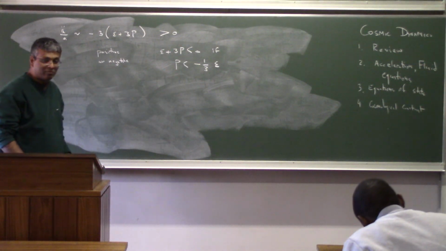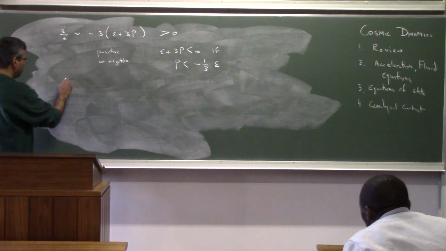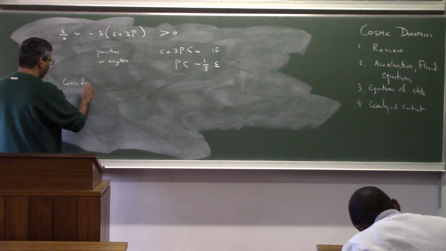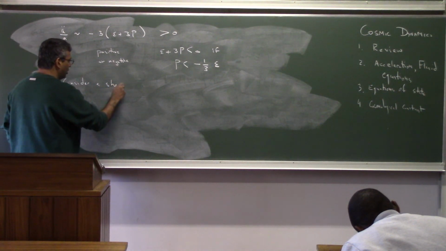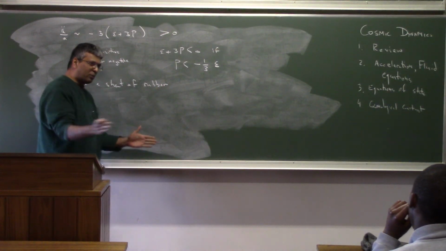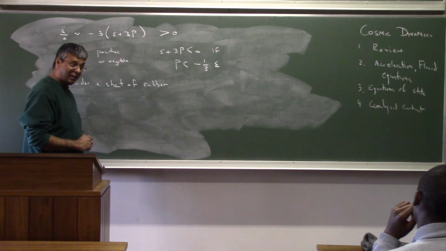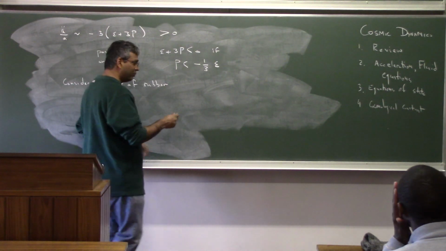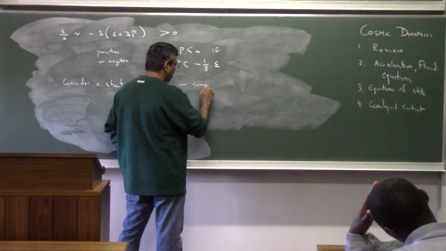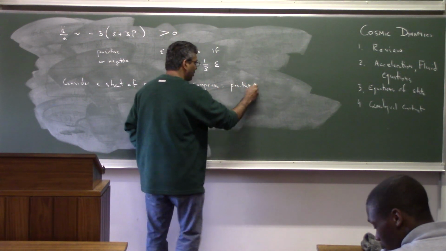So what is negative pressure? If you consider a sheet of rubber, for example, and you compress it, you're applying force per unit area, and that's positive pressure. So compress, get positive pressure.